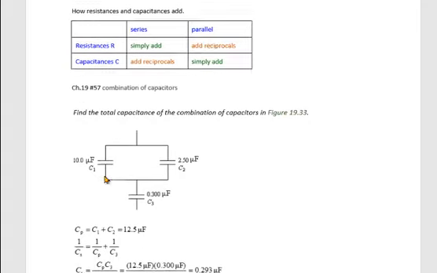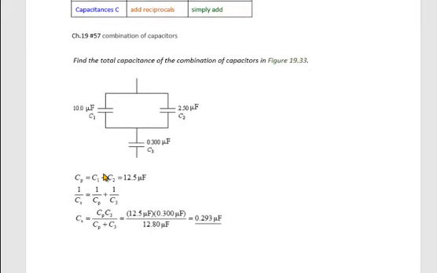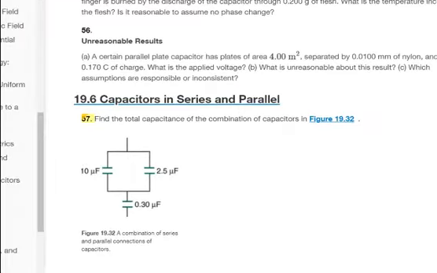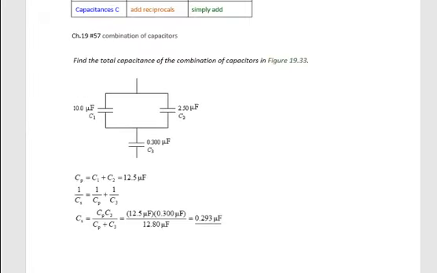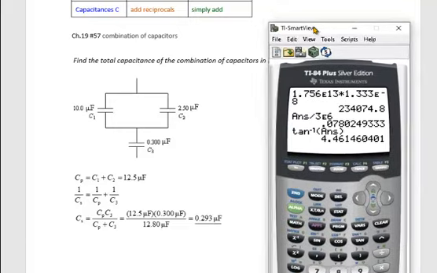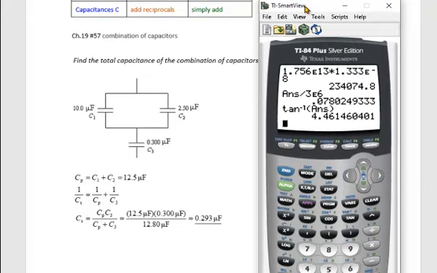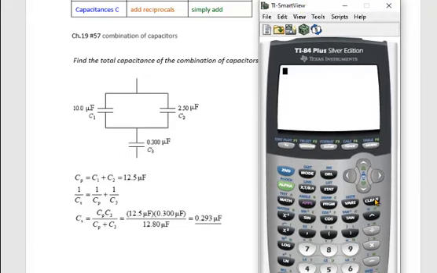Actually, this one from the solution I do like a little better because they put 10.0, 2.50, 0.300, indicating very strongly these are three significant figures. As I said, I like that better than the one you just saw from the original problem. So, in any case, let me do it. The solution is actually in front of us. And so I'm going to pull in the calculator. Okay, I don't need this here, so I'll get rid of that.